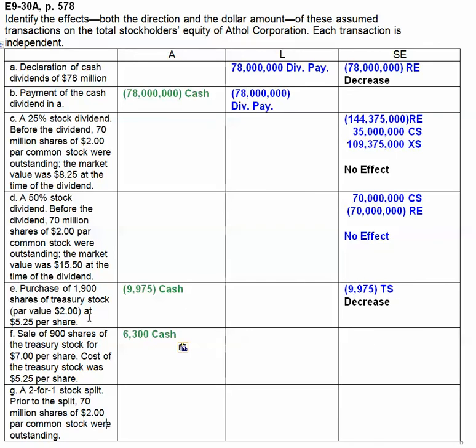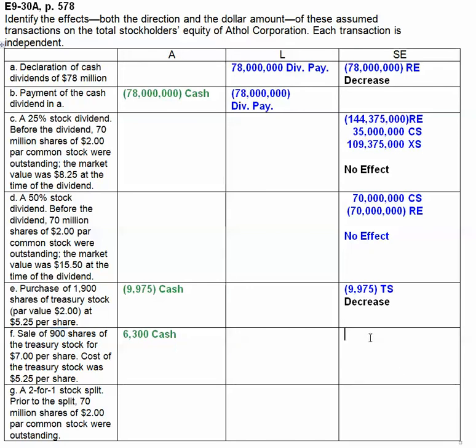But remember, I told you before that you can only credit the account by the amount you had originally debited. So we had originally debited the treasury stock for just $5.25 per share. So we can only do 5.25 times 900 and reduce treasury stock by that amount by crediting treasury stock.